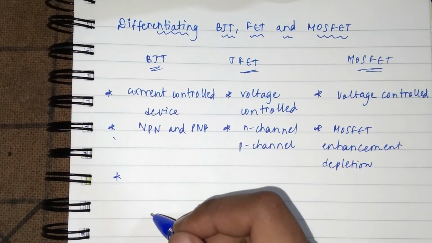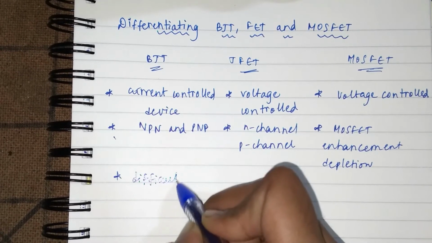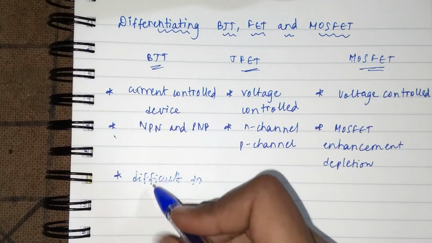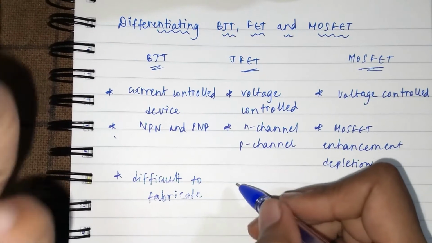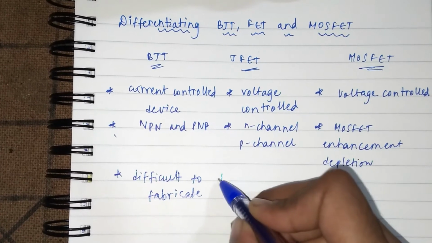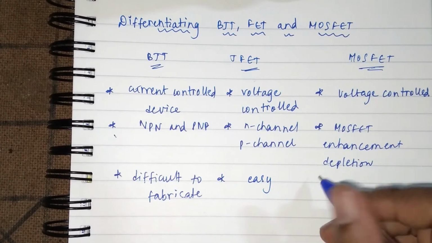When coming to BJT, these are difficult to fabricate. The BJTs are difficult to fabricate, and when coming to JFETs, the fabrication is easy.